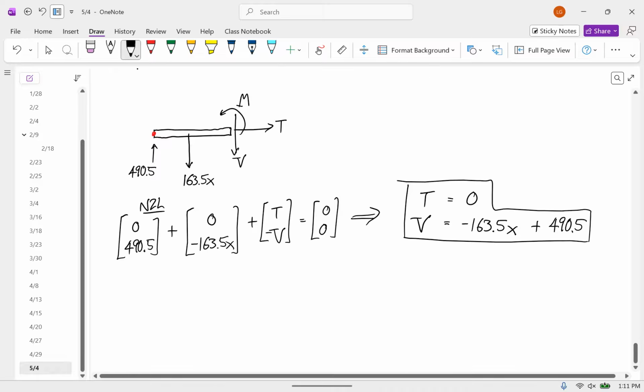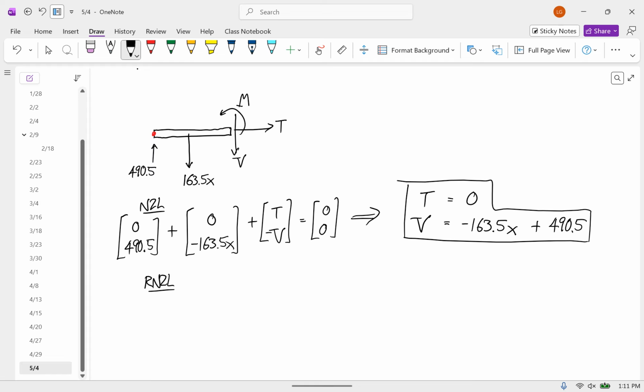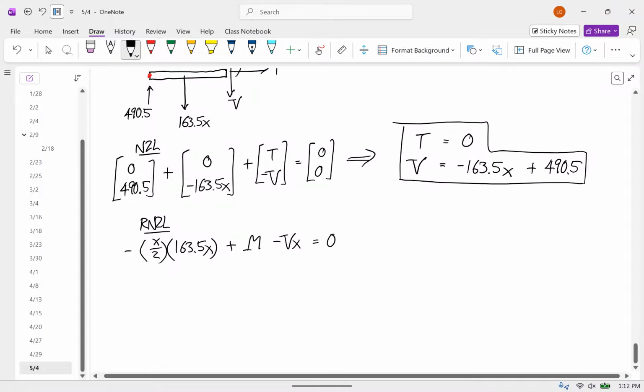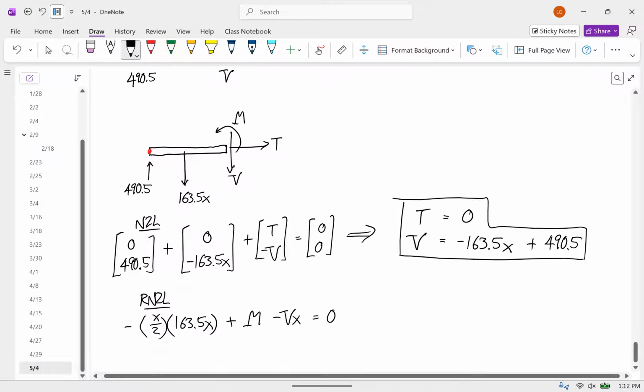And now we can use the moment equation. The 490.5 doesn't produce a moment. The 163.5x is a negative moment with a moment arm of x over 2 and a force of 163.5x. And then we have our usual plus M minus Vx is equal to 0. Yep, very good.